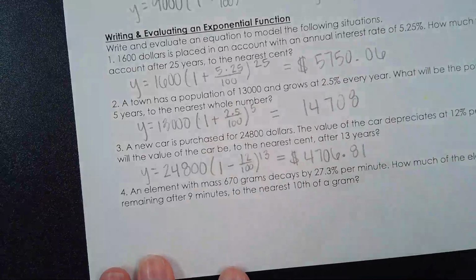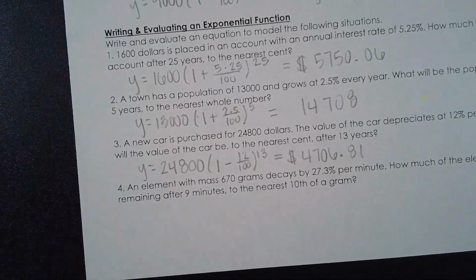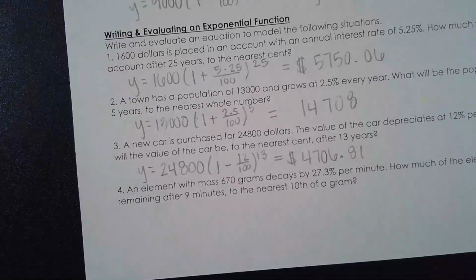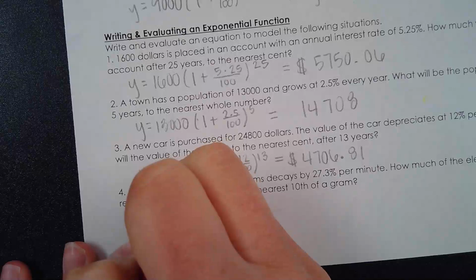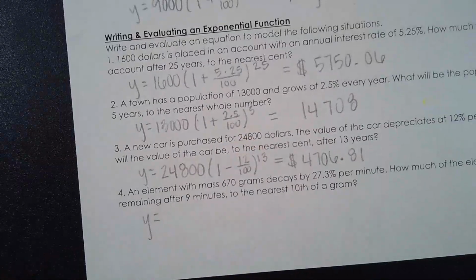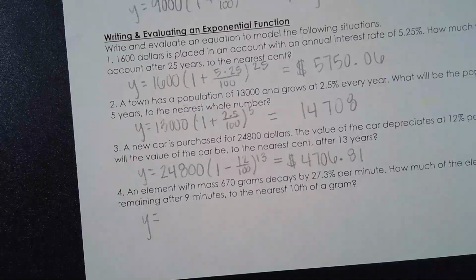Okay, last one. An element with a mass of 670 grams decays at 27.3% per minute. How much of the element is remaining after 9 minutes to the nearest tenth of a gram? So we're going to start with that y equals, as always. And then we need the a value, our starting amount. Aiden, what was the starting amount this time?